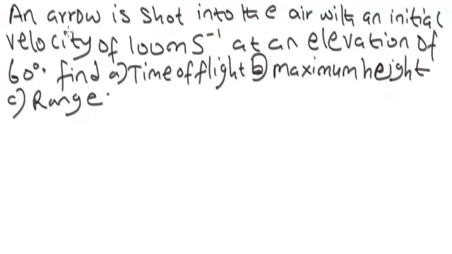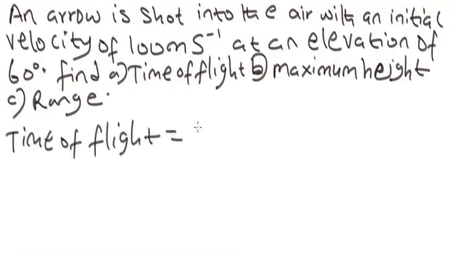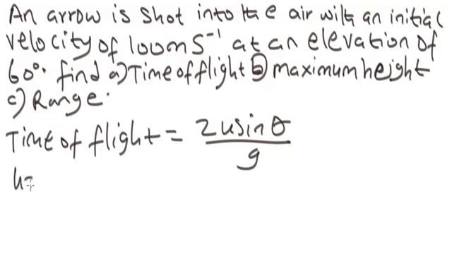We have this problem. It says an arrow is shot into the air with an initial velocity of 100 meters per second at an elevation of 60 degrees, find time of flight, maximum height, and range. Let's begin with time of flight. Time of flight equals 2u sine theta over g. Our u, initial velocity, is 100 meters per second.